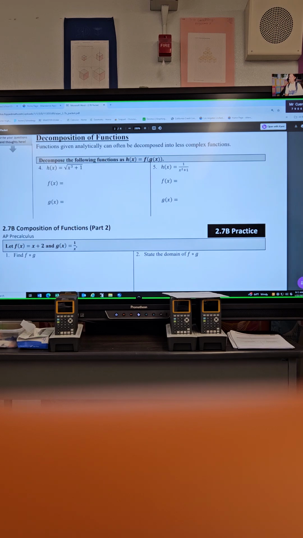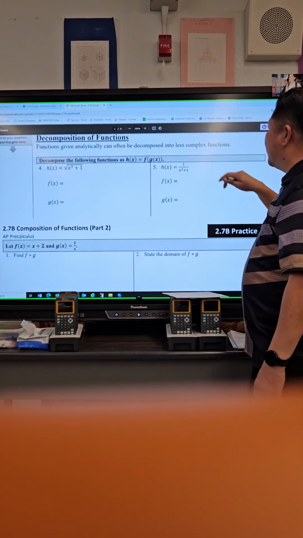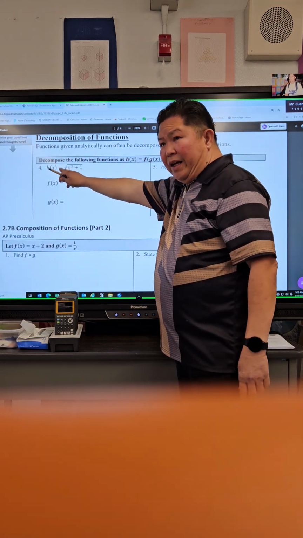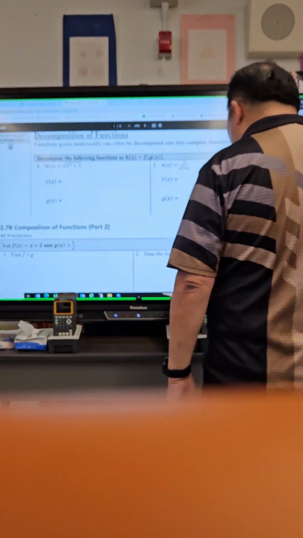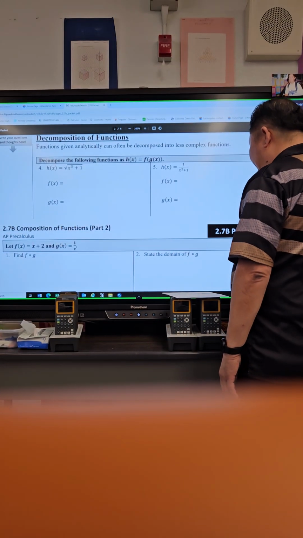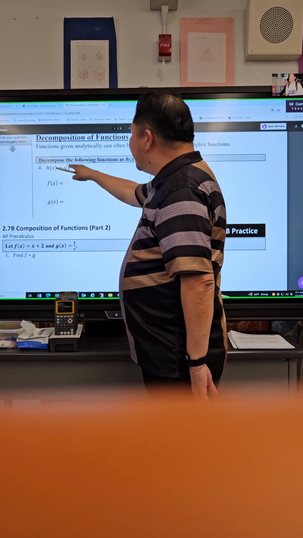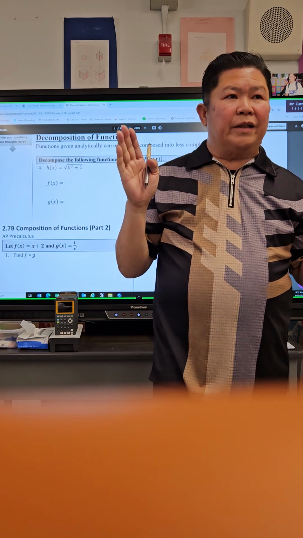So the composition of functions. Functions given analytically can often be decomposed into less complex functions. Okay, this is the h. This h is the result of f and g, right? Since the first thing is the square root, what do you notice, guys?